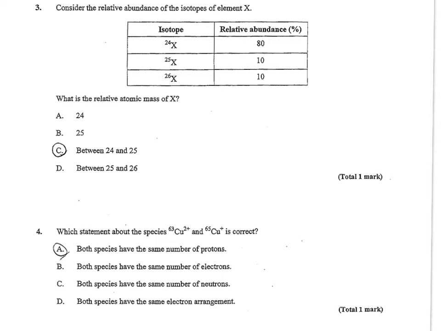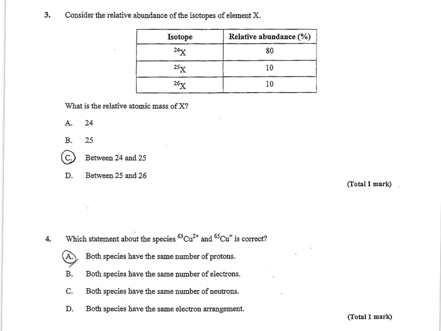Number 3 says, consider the relative abundance of the isotopes of the element X. You have 80% 24, 10% 25, and 10% 26. So the relative atomic mass is going to be your 80% times 24, 10% times 25, and 10% times 26, added up. So A and B aren't possible.